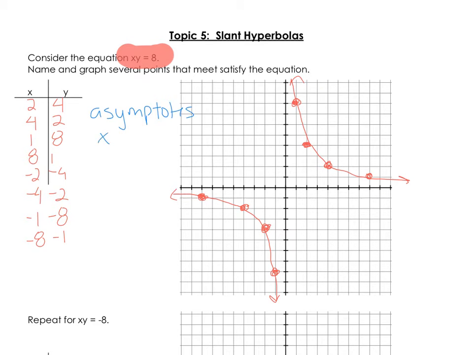So it's x equals 0 and y equals 0. If we think about the line of symmetry, this is the line of symmetry. And the line of symmetry is the y equals x line. And so it's just a different type of hyperbola.